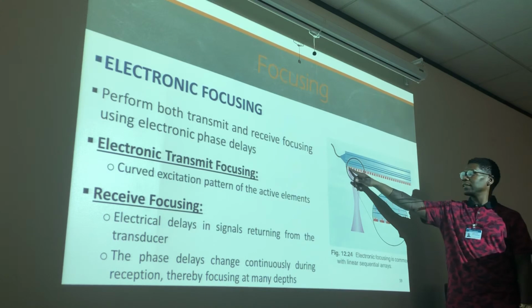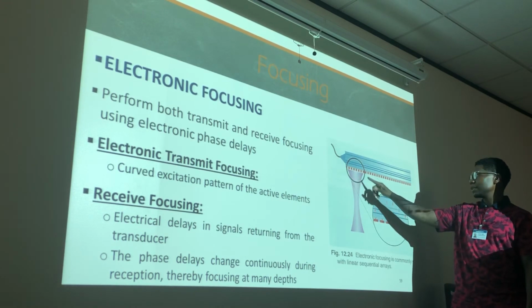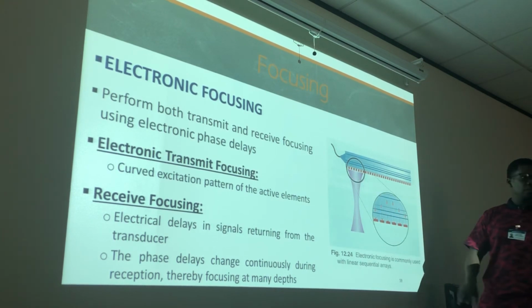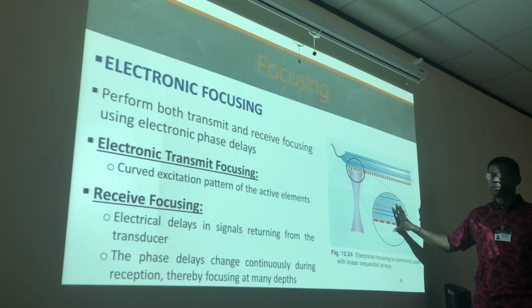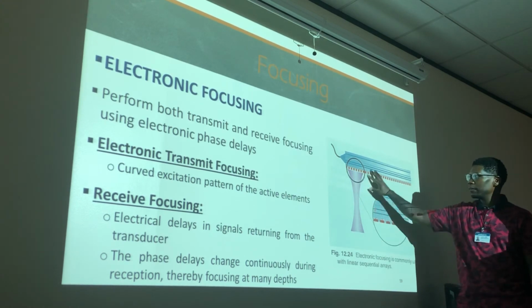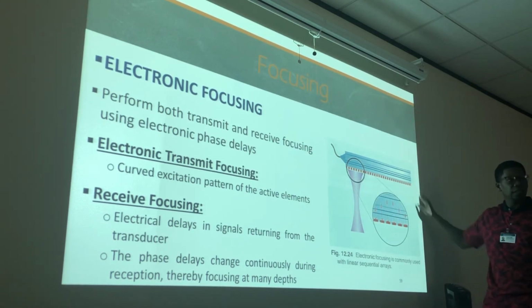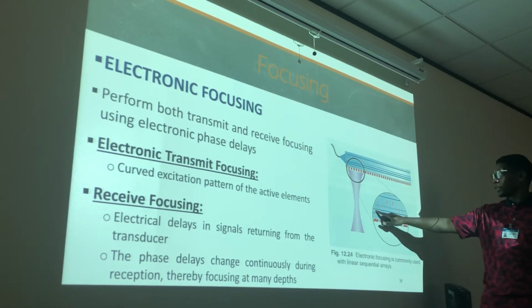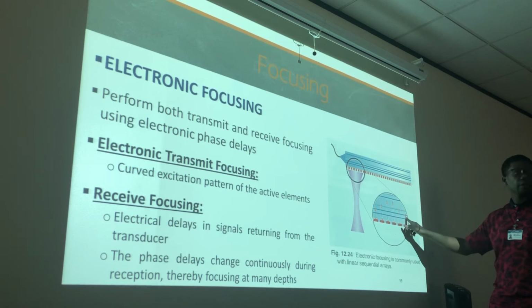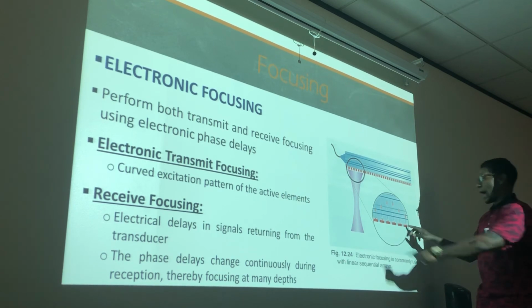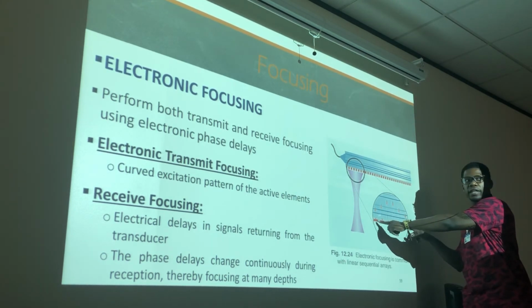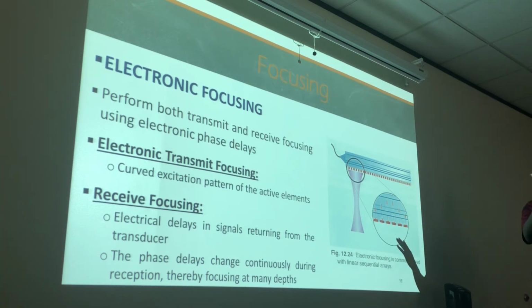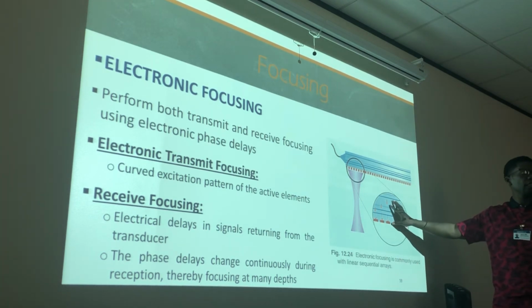Remember I said these groups of 6 crystals are creating this beam right here. Remember, these 6 creating a beam, these 6, these 6, and so on and so forth till we get to the end, right? So these are our excitation patterns right here. Our outer elements are going to get excited first, and the middle elements are going to get excited later.